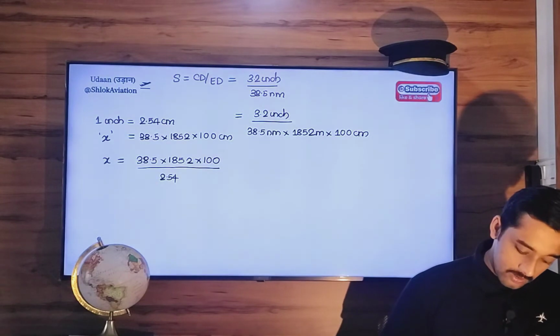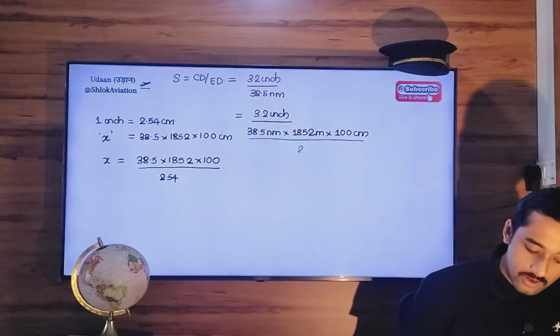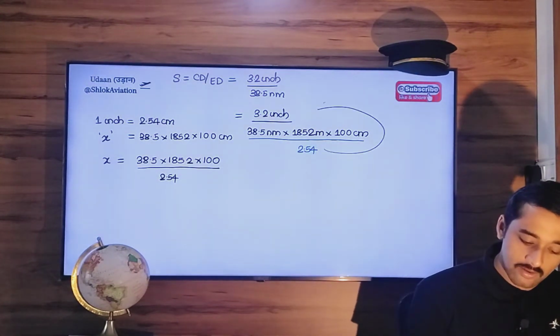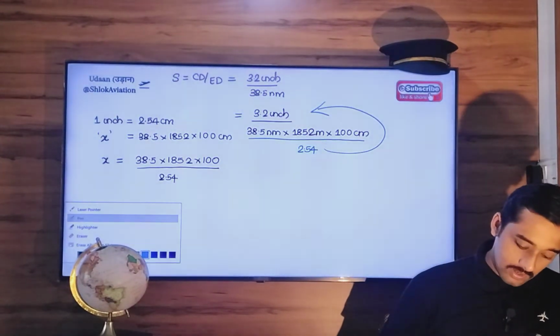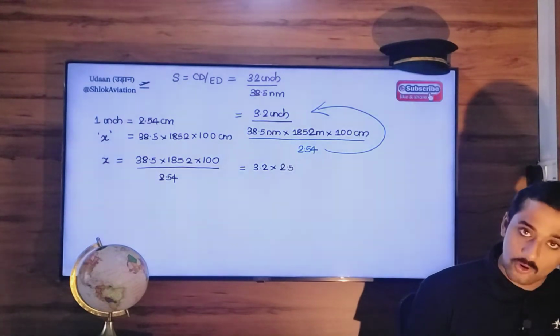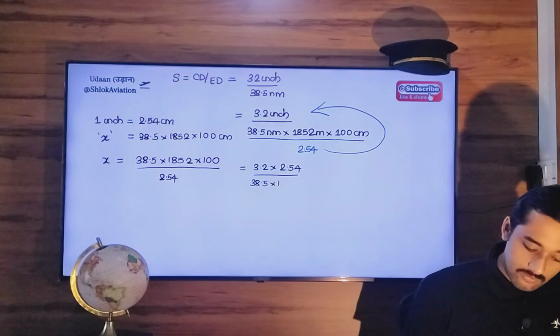When I divide this thing by 2.54, what will happen? This 2.54 in the denominator will go to the numerator. So next step will be 3.2 inch multiplied by 2.54 divided by 38.5 into 1852 into 100.